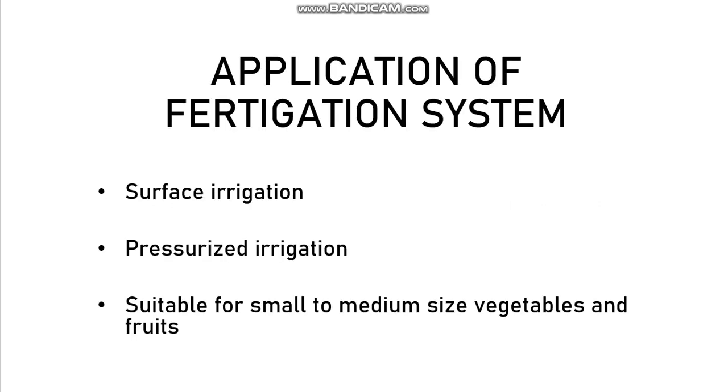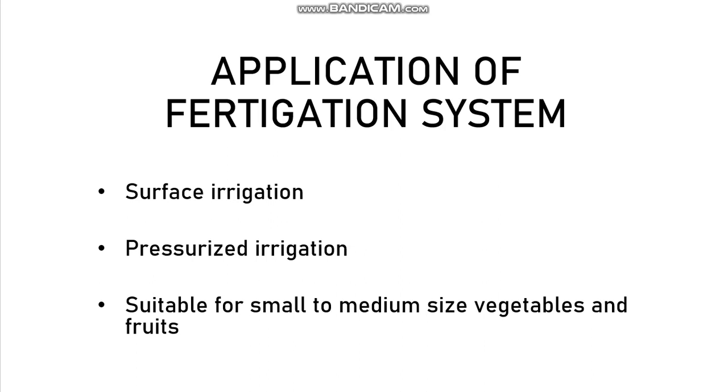Application of fertigation systems. Fertigation system can be applied using various methods. An example of another method used is surface irrigation, where the irrigation line is put above the crop and distributed via spray.